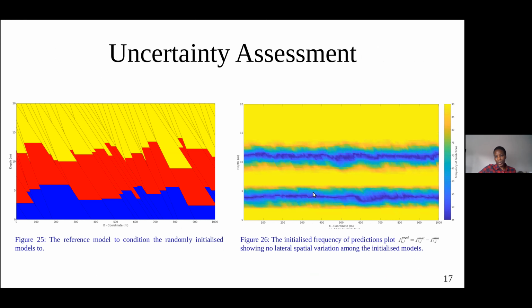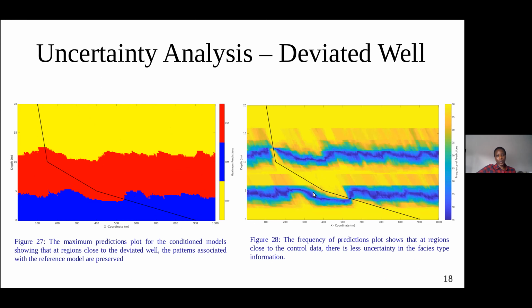And this is also the frequency of predictions plot for the randomly initialized models. We start off with using deviated wells instead of just vertical wells, and we can see that we begin to capture patterns in the geology. We begin to capture some features, particularly at locations where we have the wells. And we can see here also that our uncertainty begins to reduce where we have the wells.